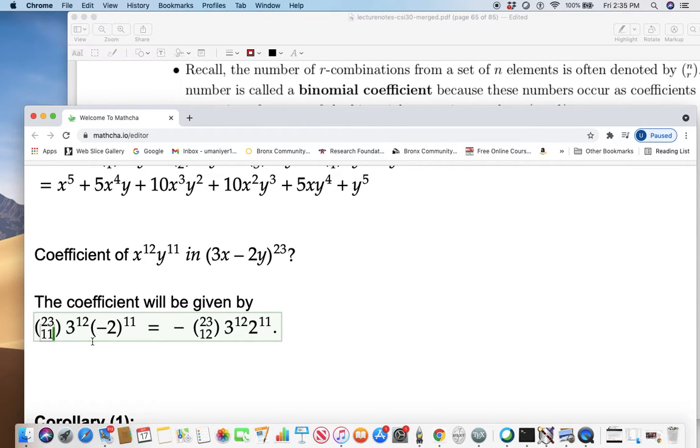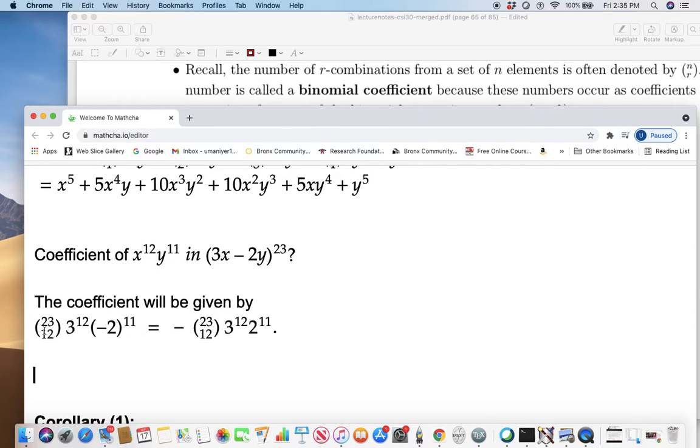choosing 11 from 23. Don't forget y comes with its own negative 2, and x comes with its own 3. So when y has power 11 and x has power 12, 3 gets power 12 and negative 2 gets power 11. So 23 choose 11 is, by the way, the same as 23 choose 12 because 11 plus 12 is 23.